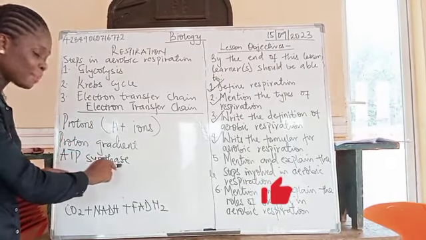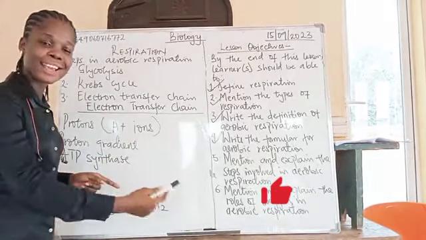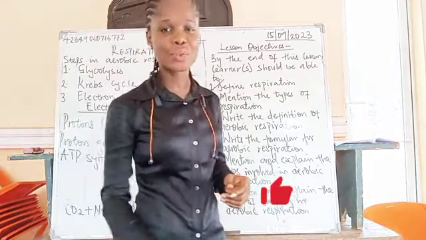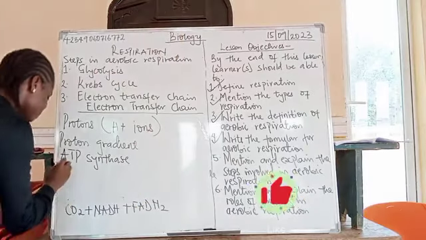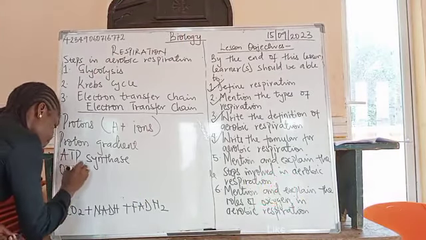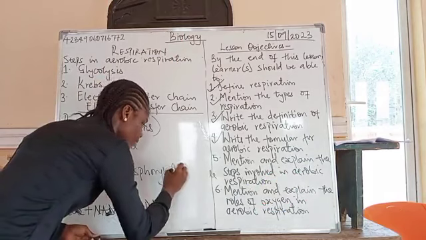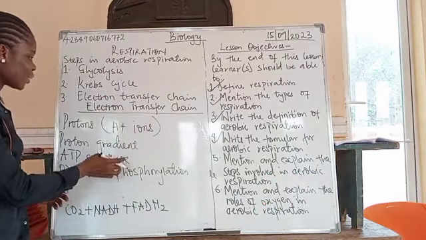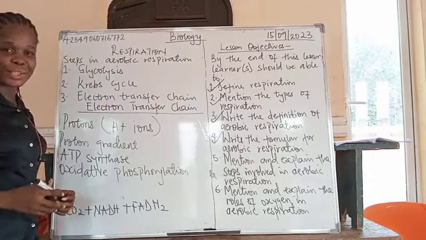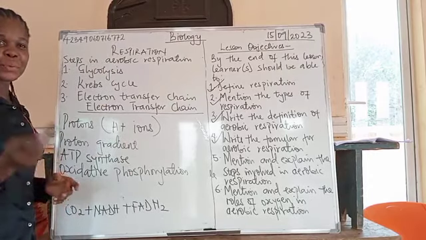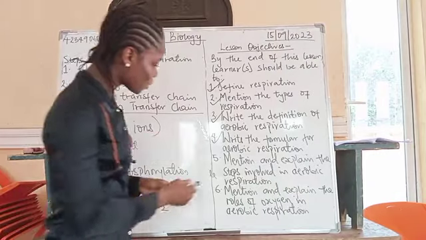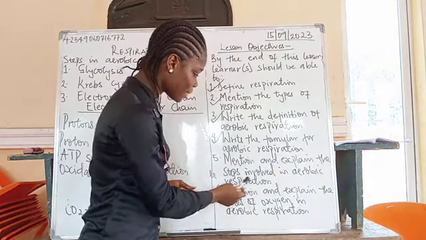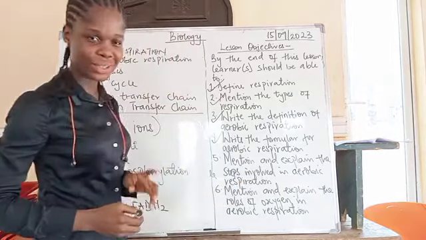And then the ATP synthase synthesizes ATP through a process called oxidative phosphorylation. This happens to be the last stage of aerobic respiration. With this, we have been able to mention and explain the steps involved in aerobic respiration.